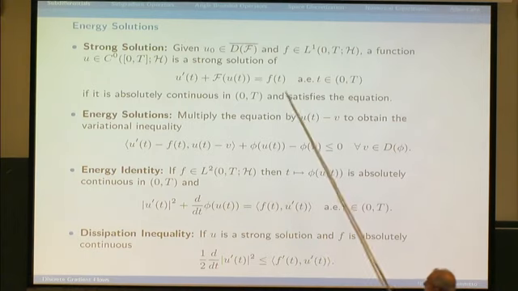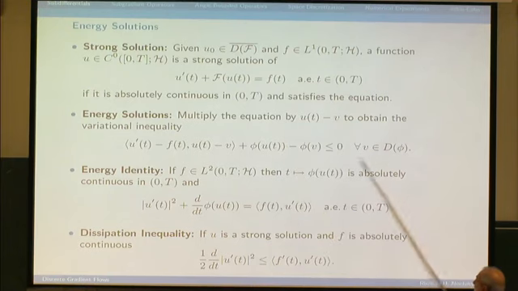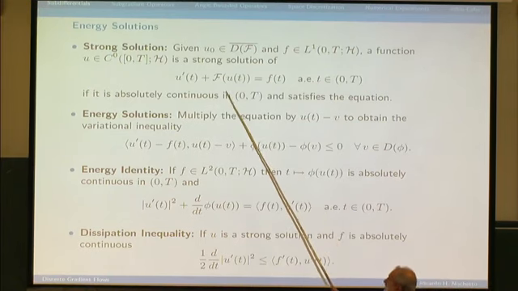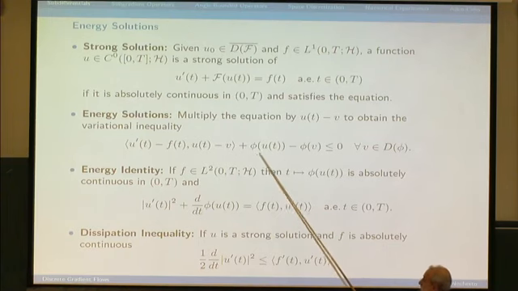If you multiply this equation by u minus v, v being a test function in the domain of the operator, you get, because of this relation here, a variational inequality, which is written in this way in terms of the function phi, which is going to be essential for the discussion.